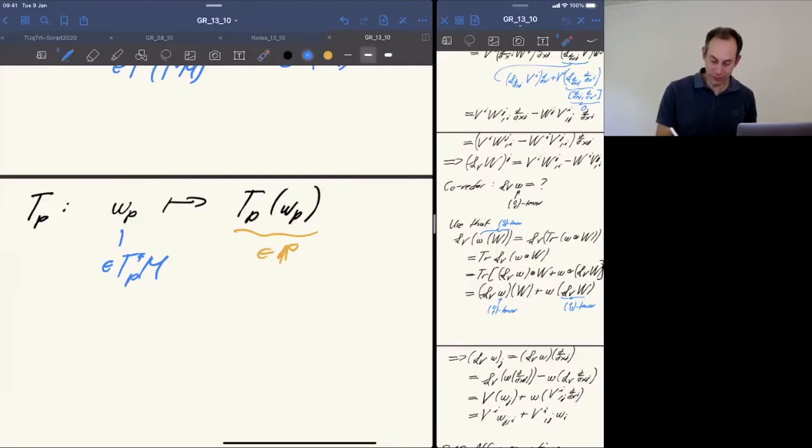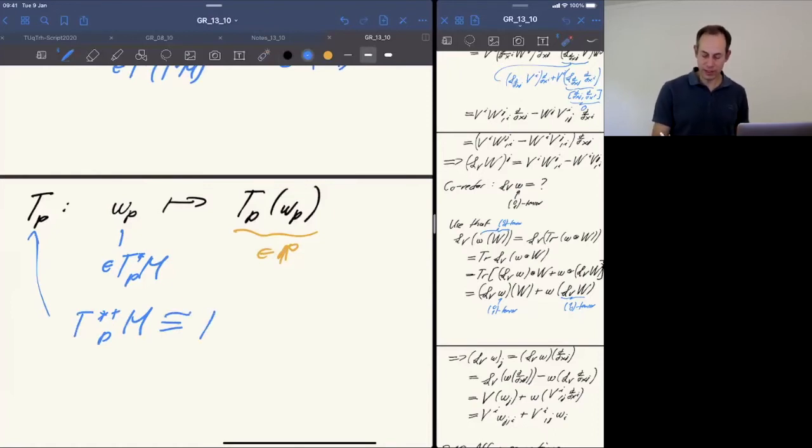So in principle, this object would be T star star_p M. But then this is essentially isomorphic to T_p M. We said that the dual of the dual is again isomorphic to the space itself.